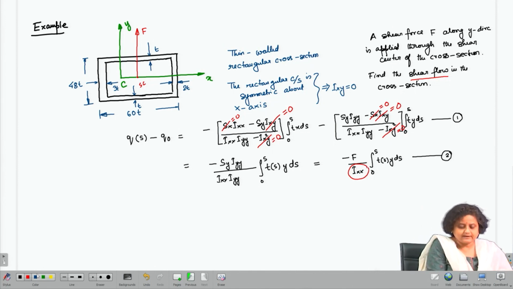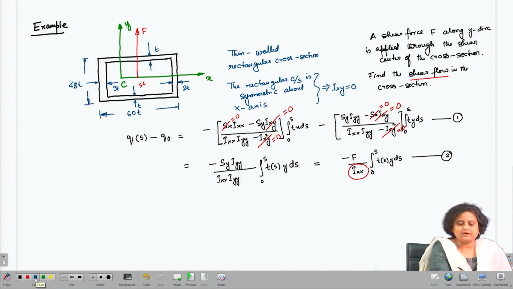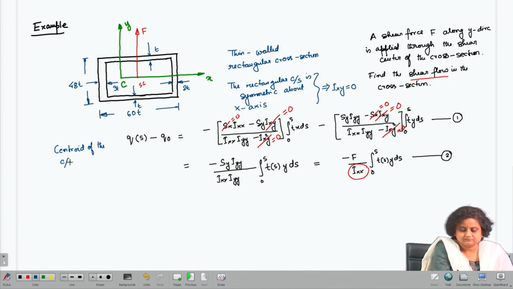So, before I can find out the sectional property I x x, because this cross section has an unsymmetry about the y axis, we need to find out the centroid of the cross section, which is C. I need to find this out.